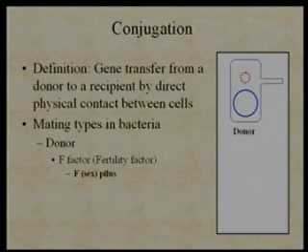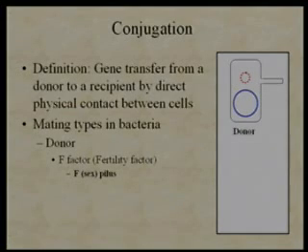The F factor, or fertility factor, was the first of these factors to be described. There are actually many plasmids that mediate the same process. But we're going to use the F factor as our example of how conjugation works. But keep in mind, there are other plasmids that do the same or similar things.